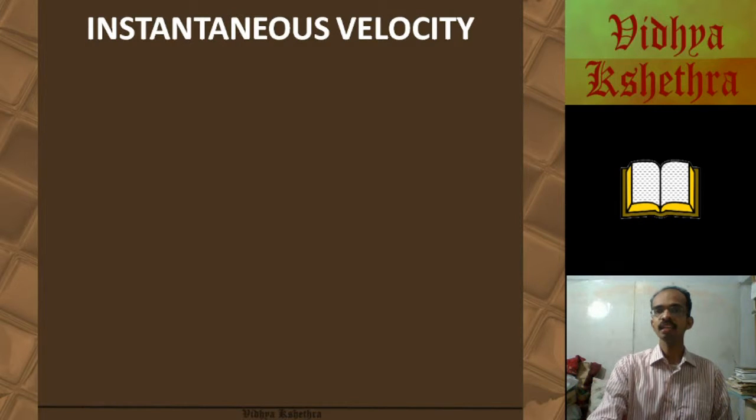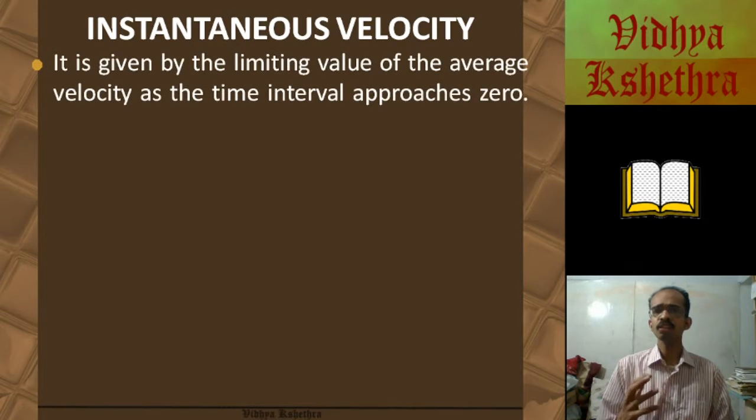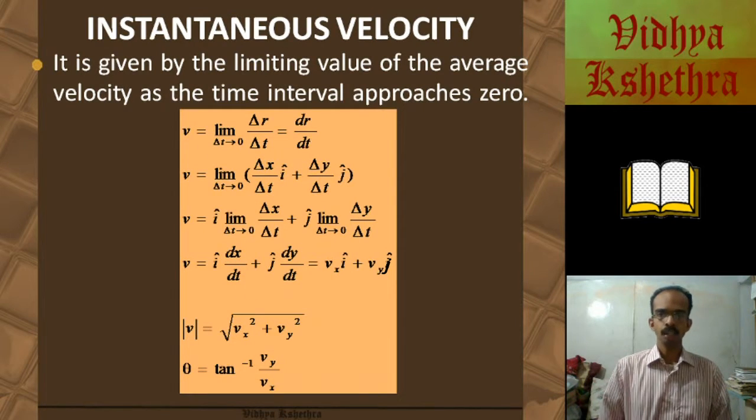Now, instantaneous velocity. Instantaneous velocity is the velocity at any instant in the path. It is given by the limiting value of the average velocity as the time interval approaches 0. The formula is v is equal to limit delta t tends to 0 of delta r by delta t, which is equivalent to dr by dt.